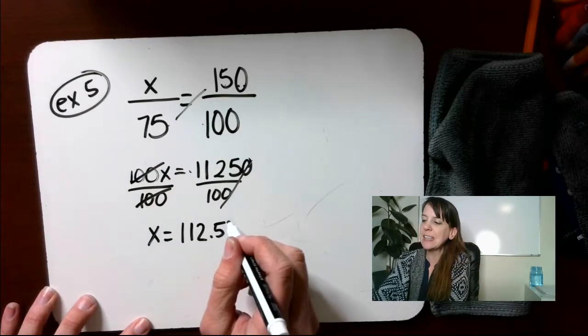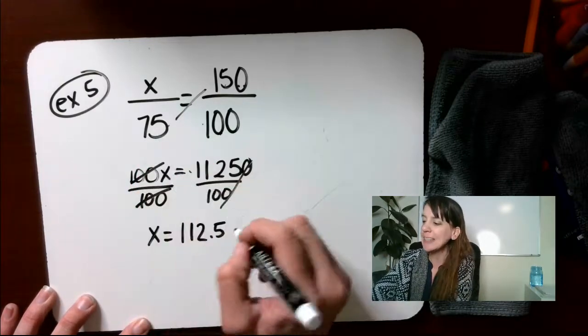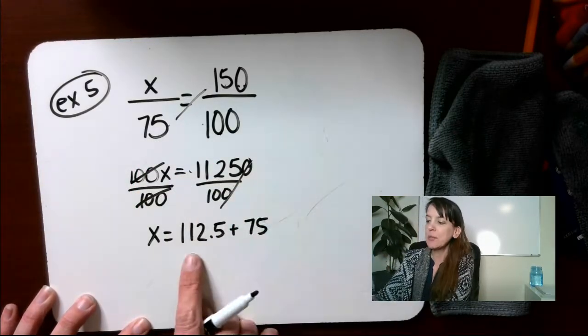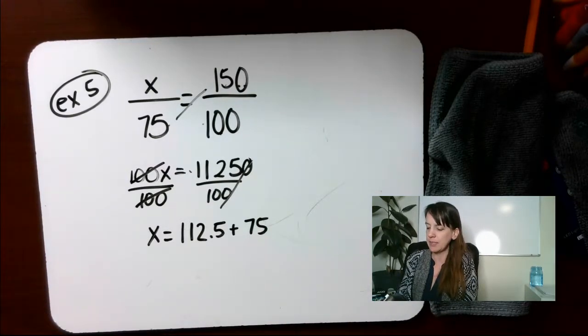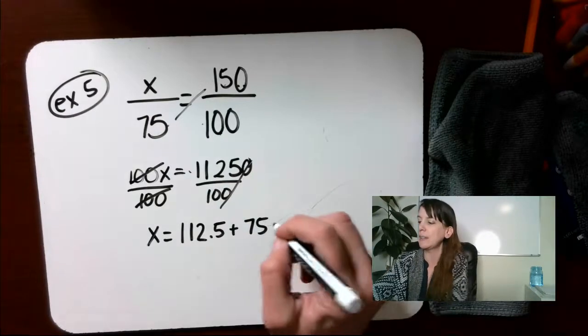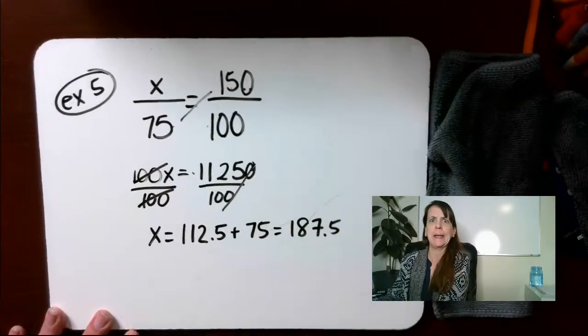This is the additional increase. What we end up having to do is also add it to the original. So this is how much we're increasing it by, and so we need to add it to the original. So if I do that, I get plus 75. 112.5 plus 75 gives me 187.5. I'm relying on my calculator because I don't want to make a mistake. It's going to cost me a fortune in candy.